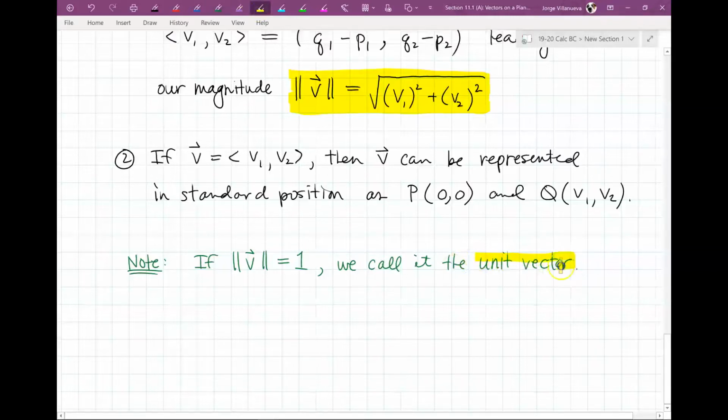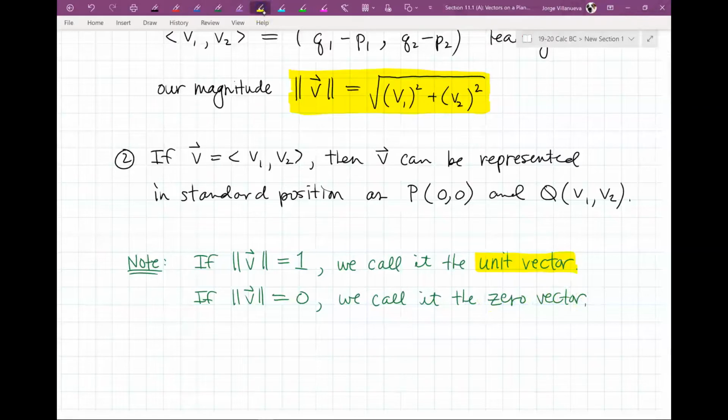If the magnitude of v is equal to 0, we call it the zero vector. I mean, makes sense, right? It's only one unit, so it's going to be a unit vector. For 0, we'll call it the zero vector.